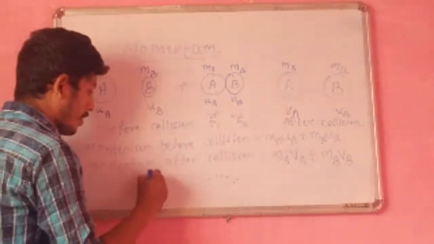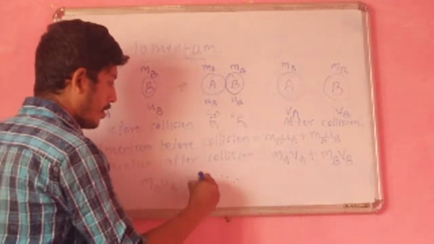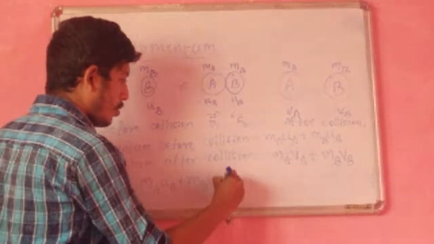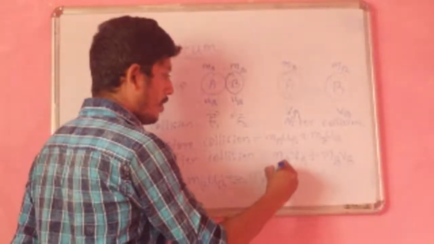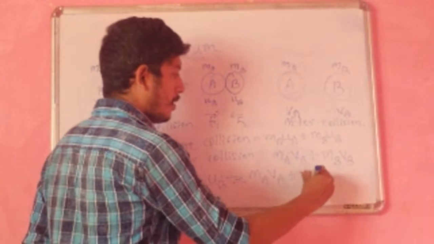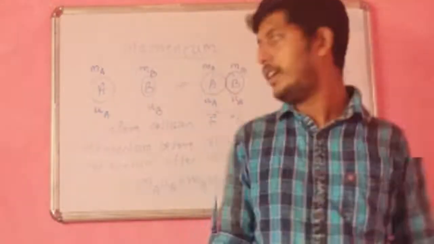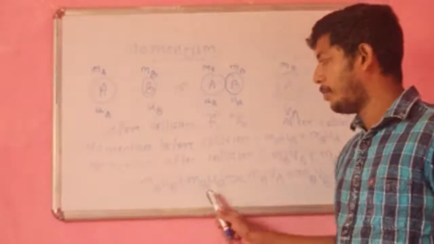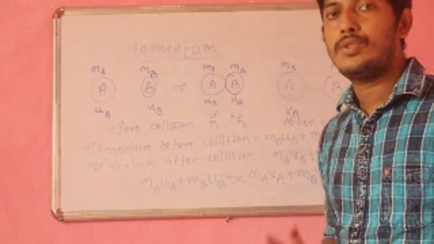Therefore, it becomes mA uA plus mB uB equals mA vA plus mB vB. So this is the expression for conservation of momentum.